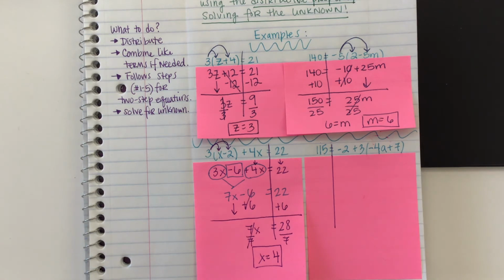Now, 115 is equal to -2 plus 3, open your parentheses, -4a plus 7. So here's the deal. Some people will want to add -2 plus 3, but you have to remember the order of operations, PEMDAS, okay? The P is parentheses, that goes before the A, which is addition, okay?